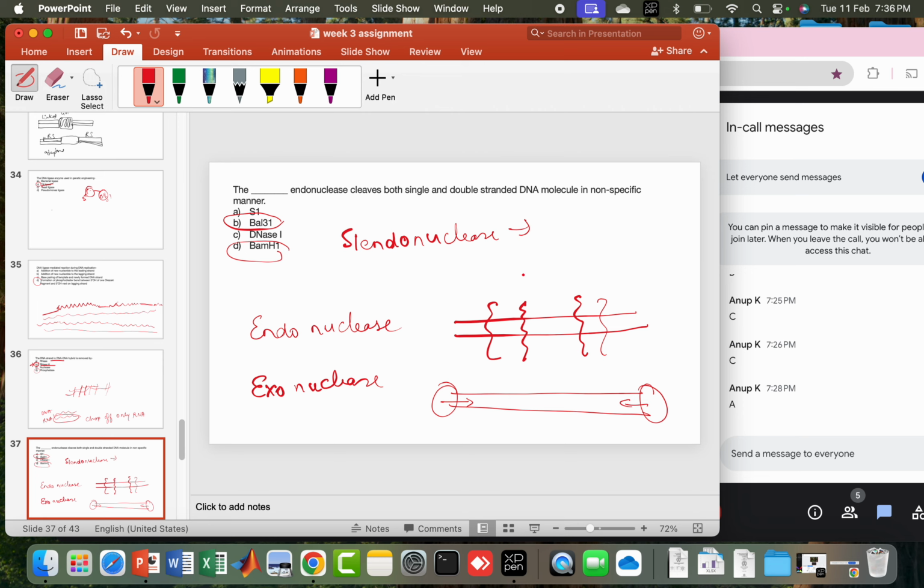It will break down single stranded DNA and RNA. It is very important, it will only break down single stranded DNA and single stranded RNA. But DNase I will break down both single stranded as well as double stranded DNA molecules. So the correct answer is DNase I.